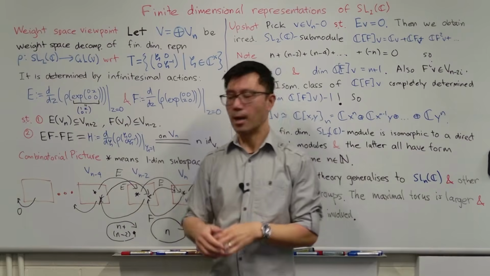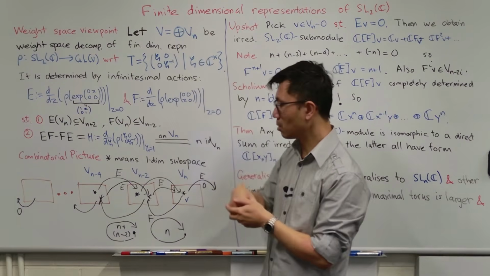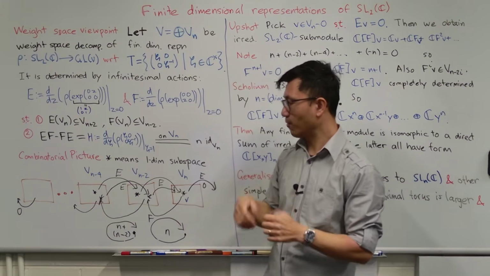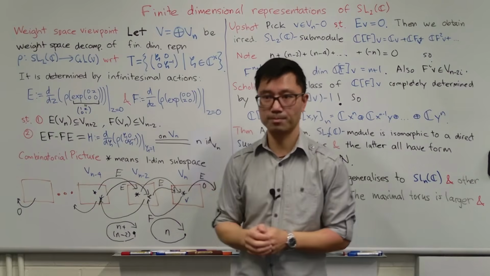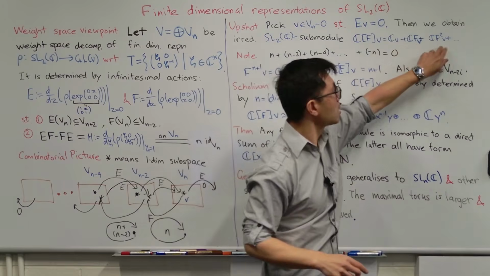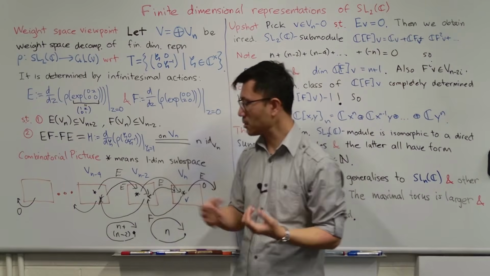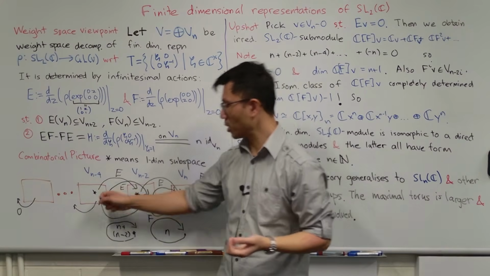So remember, any non-zero submodule has to have a weight space decomposition. So you can find a non-zero vector in one of these weight spaces. But all the weight spaces here are different, and they're all one-dimensional. So if you have a submodule, it has to contain one of those one-dimensional subspaces.